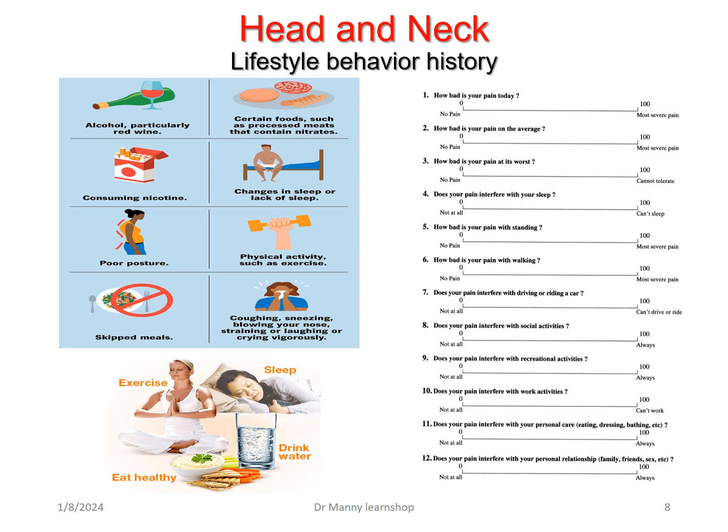Things like alcohol consumption, processed foods, cigarette smoking, exercise, fasting, physical activity. Lifestyle behaviour history is important in all of the systems.